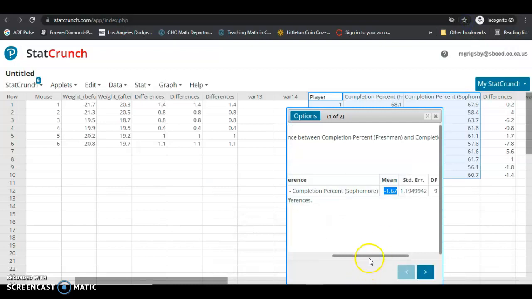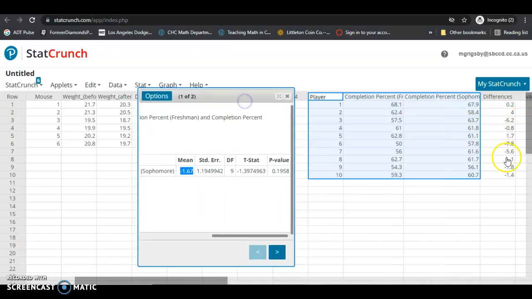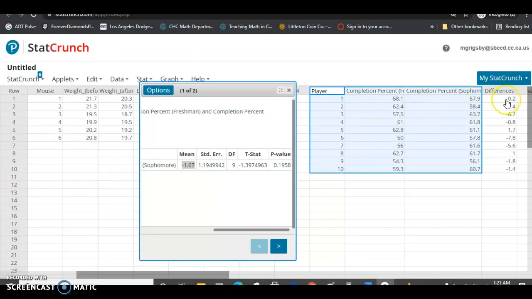Unfortunately, the output provides the standard error, but not the standard deviation. You'll notice that the differences appear in a separate column next to the data that we just pasted from the table in the problem. These are the differences: freshman completion percentage minus sophomore completion percentage. For some of the players the differences are positive, which indicates that their completion percentages went down from freshman to sophomore.